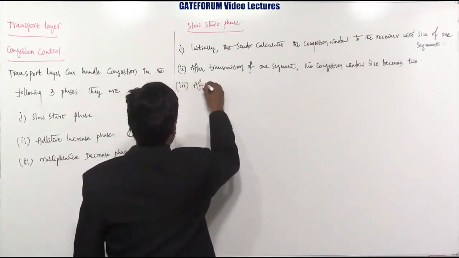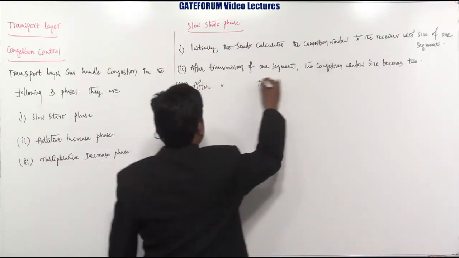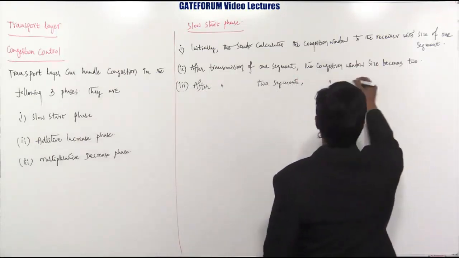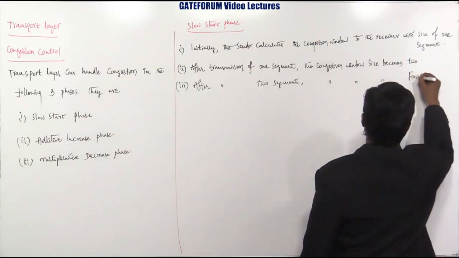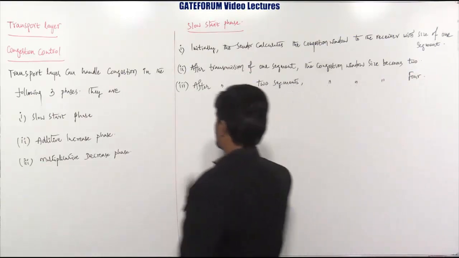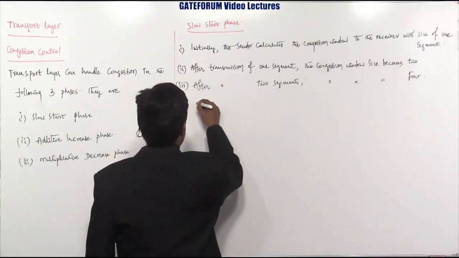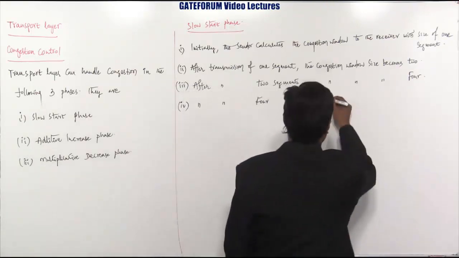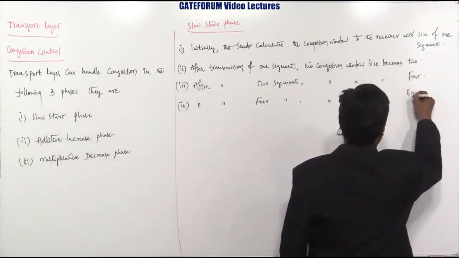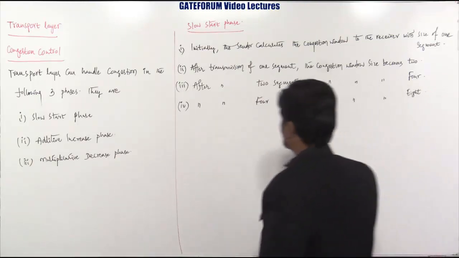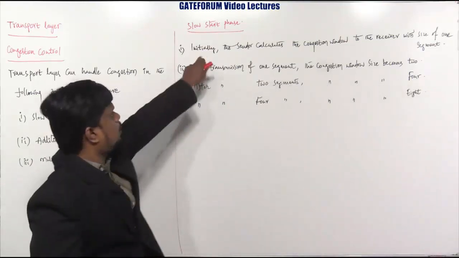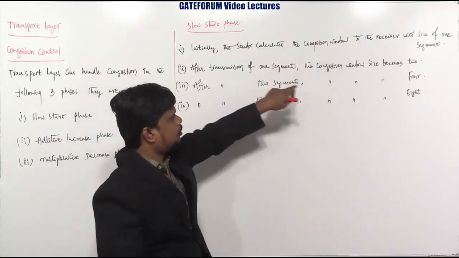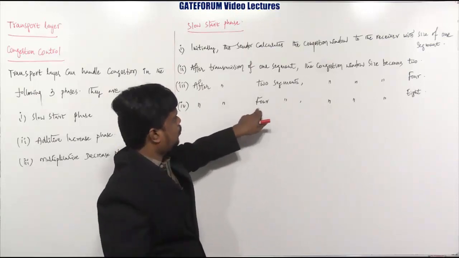Next, after transmission of two segments, the congestion window size becomes 4. Next, after transmission of 4 segments, the congestion window size becomes 8. So initially it is 1, after 1 segment it becomes 2, after 2 segments it becomes 4, after 4 segments it becomes 8.